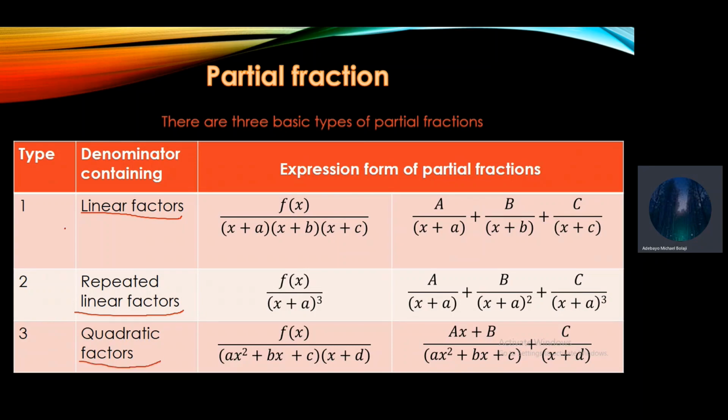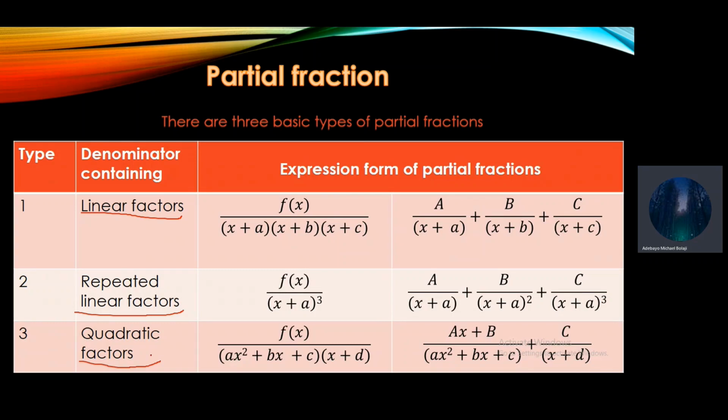Now, all these are located at the denominator. What distinguishes one type of partial fraction from the other is what we have in the denominator. In the first case, the denominators are linear factors. In the second case, the denominators are repeated linear factors.